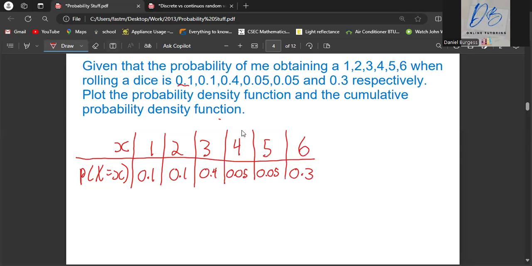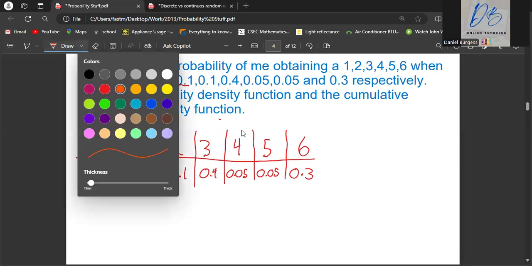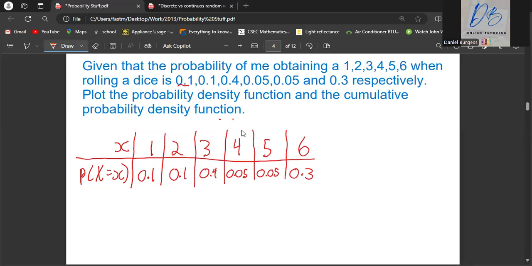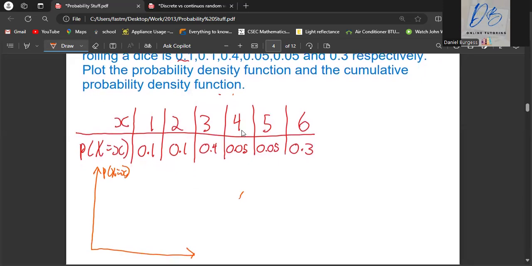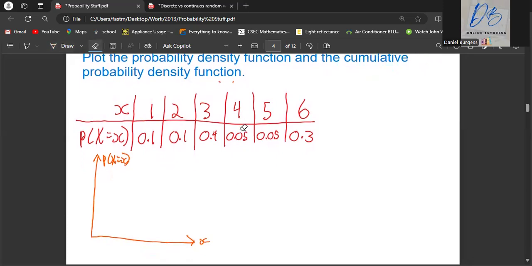So now we can actually get the PDF graph. When you plot the PDF, it's an XY axis. On the Y is the probability X equals x, and on the X is just x, being the possible discrete outcomes.